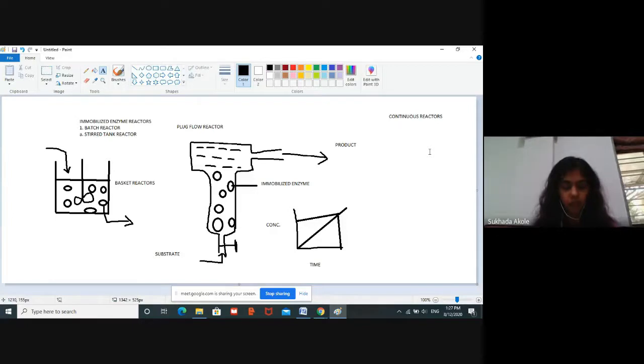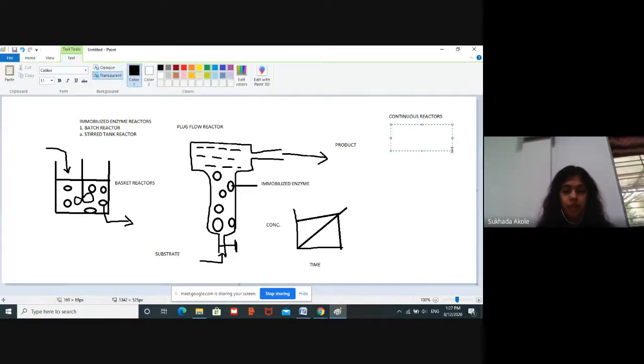There are mainly two types of continuous reactors. One is CSTR, and the second is PFR.